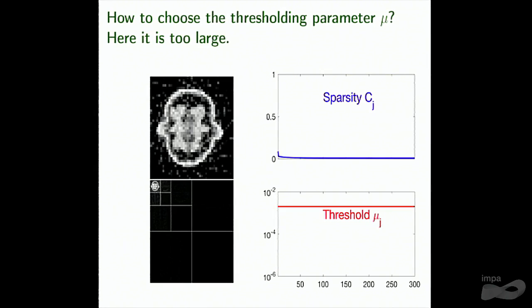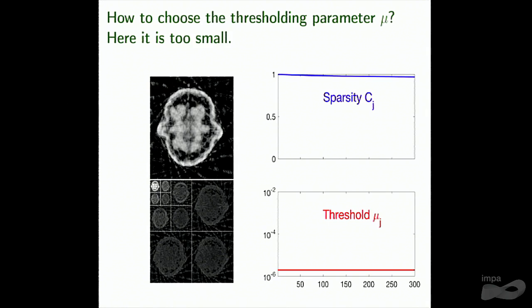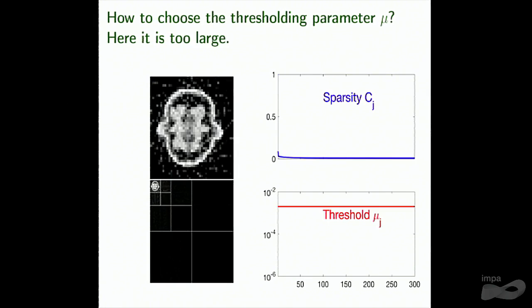Then if we put a much bigger threshold, then we are putting a lot of coefficients to 0. And you see the sparsity drops down to almost 0. Also, you see that not very many wavelets are used here. If we compare to the previous one, this is kind of much smoother. Then we go here. You see that the blockiness of the Haar wavelet transform can be seen.